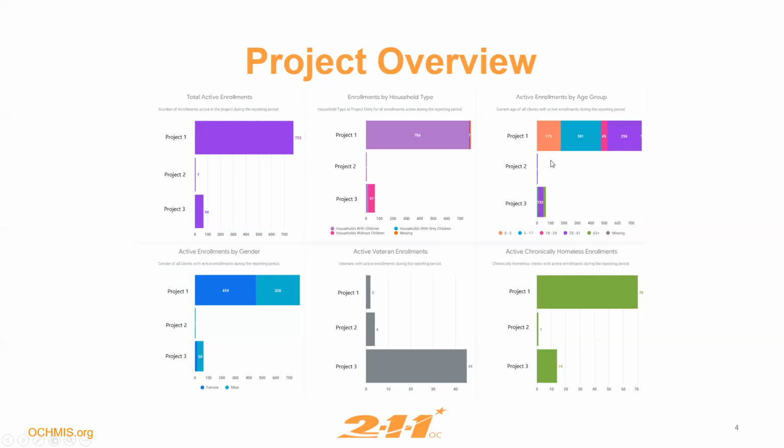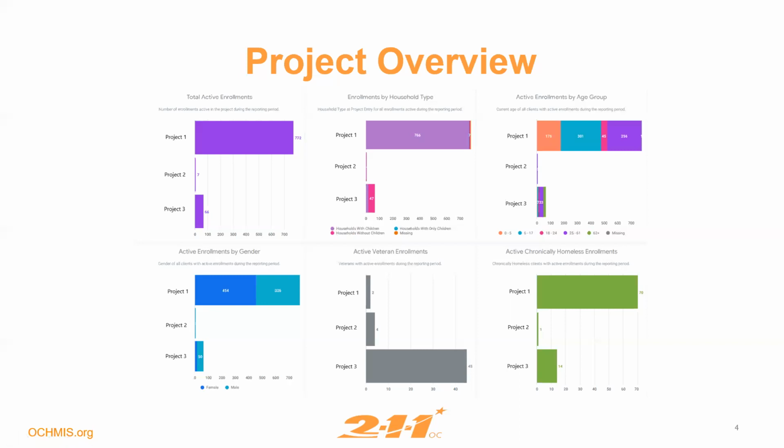We also have a breakdown by the age of all of the clients in the project. So you can see 0 to 5 clients, 6 to 17, 18 to 24, 25 to 61, 62 plus and missing. We also have a breakdown by gender. We have the number of active veterans in the project and the number of active chronically homeless in the project.